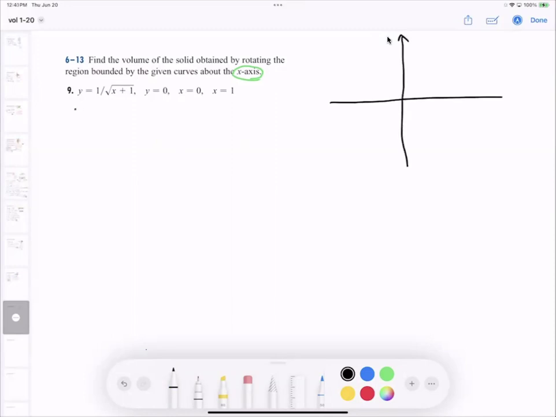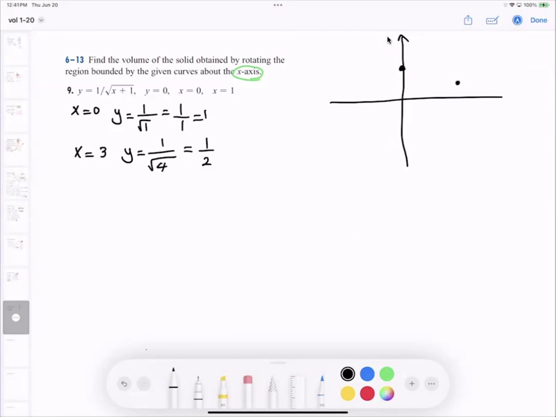When x is 0, your y becomes 1 over the square root of 1, or just 1. So when x is 0, this function is at 1. When x is equal to, for example, 3, your y becomes 1 over the square root of 4, or a half. So at 3, you have a half, right?